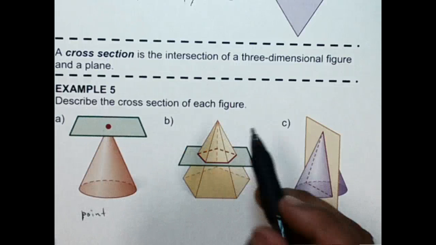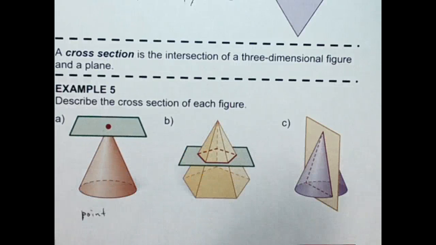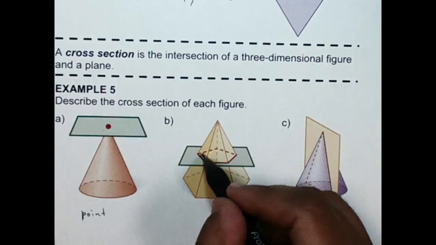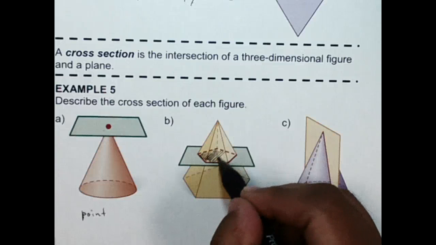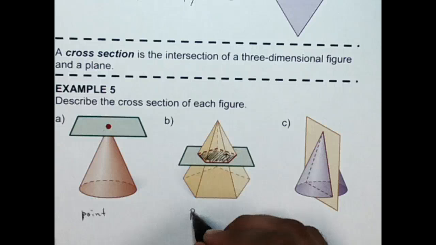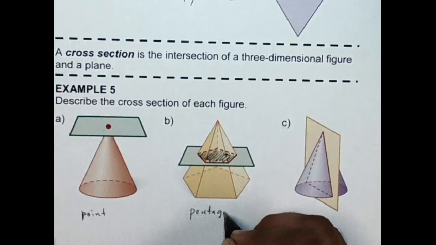However, on this one, I'm slicing this pentagonal pyramid somewhere inside the figure. So what ends up forming is this actual shape right here, which is a smaller version of the pentagon, the base.